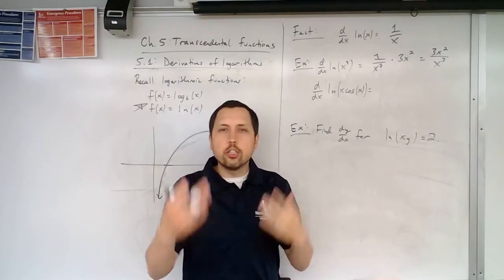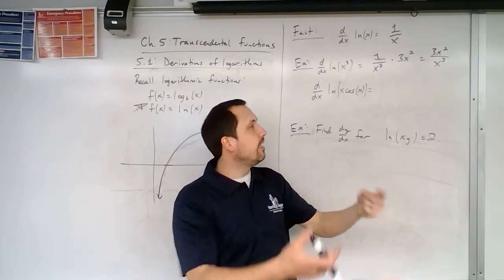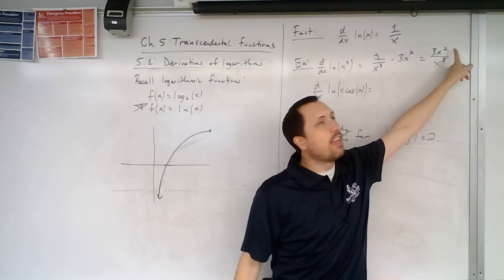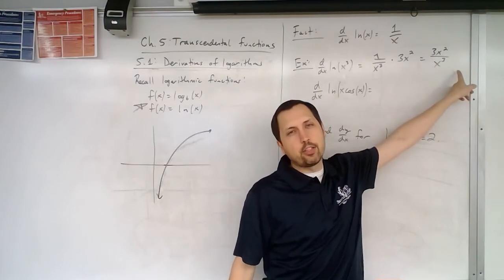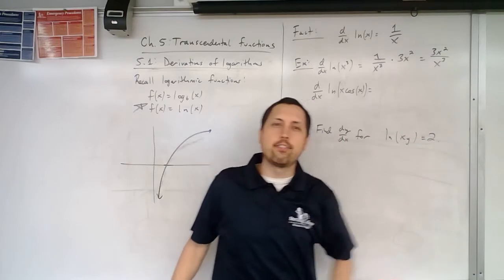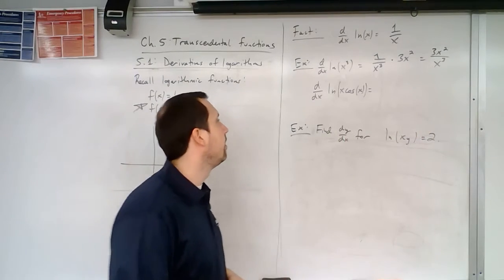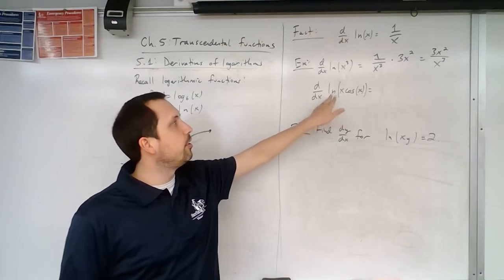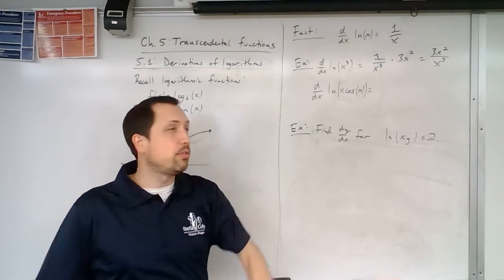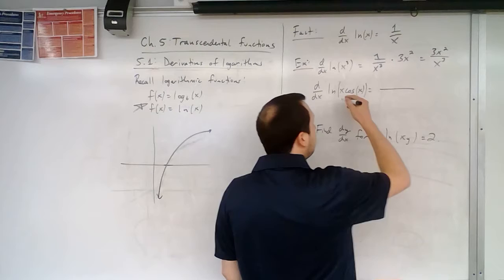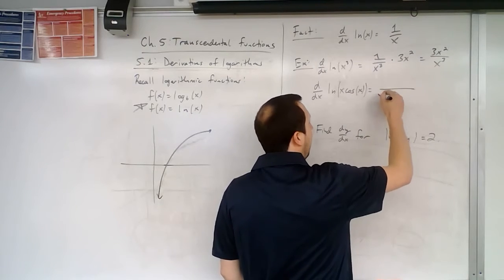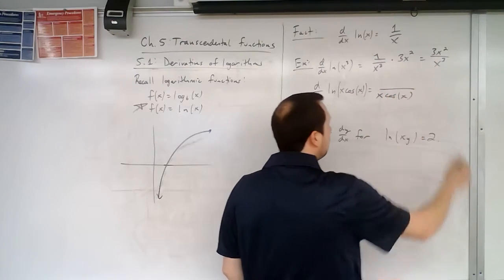When we start to look at this over and over again, get into the habit that if you recognize that the derivative is on top and the original function is on the bottom, this is going to have to do with natural log. Now here again, if we look at the derivative of natural log of x times cosine x, the denominator is just going to be x times cosine x.